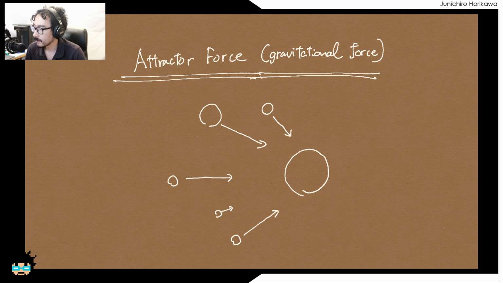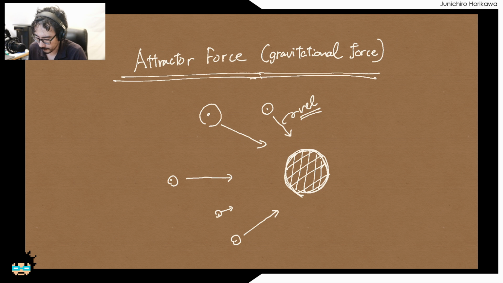The difference between the gravity force and this attractive force is that there is some attracting object, such as this circle, which attracts these objects in a certain direction. In this case, all those small objects are trying to go close to this big attracting object.